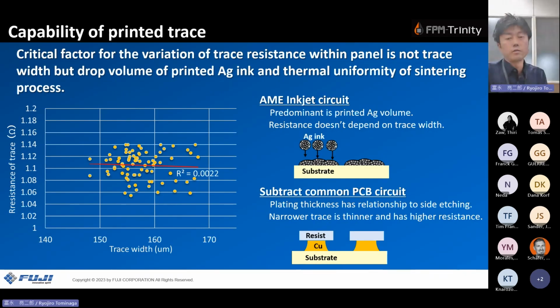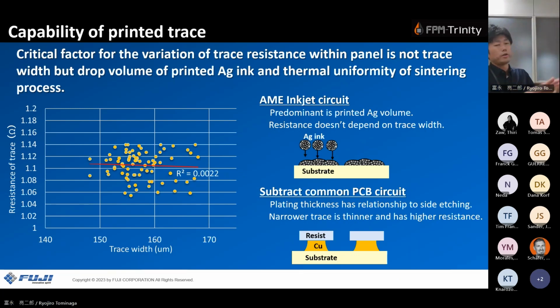One more uniqueness of the printed circuit is the relationship between the trace width and the resistance of the trace. The common PCB manufacturing process is plating and etching. The plating process has variation within panels, and thin copper areas have over-etching as a subtractive process. By that, the resistance of the trace has a direct relationship to the trace width.